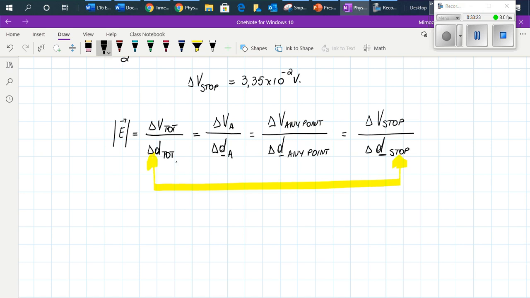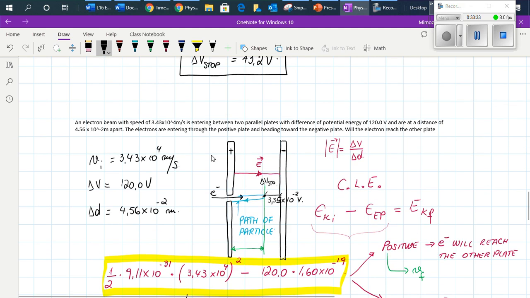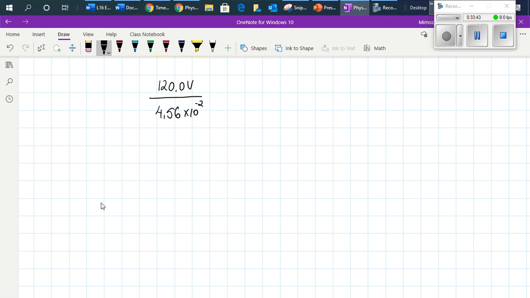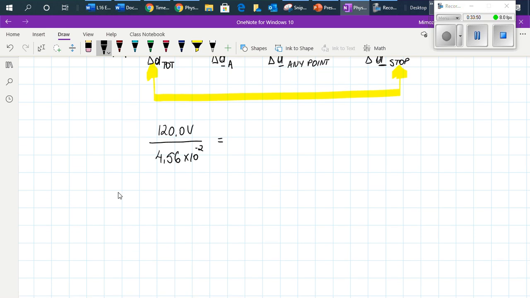Where is it stopping? In our case, we have 120 volts over the distance between the two plates, which I believe was 4.56 times 10 to the power of negative 2.